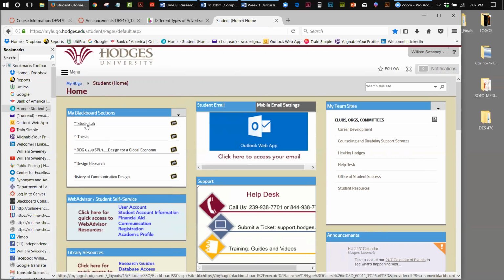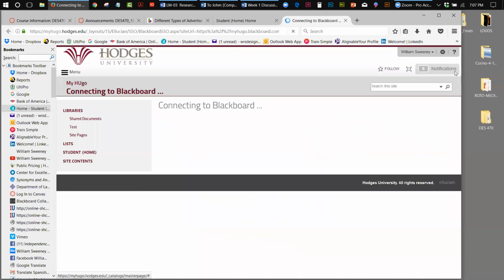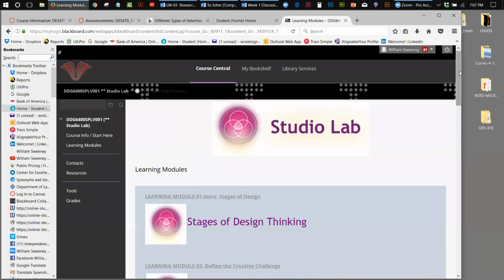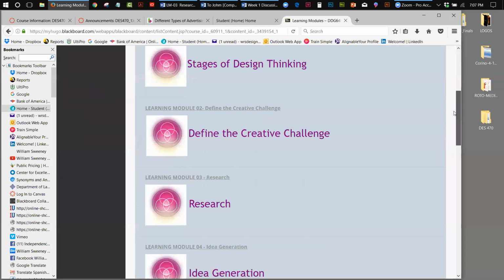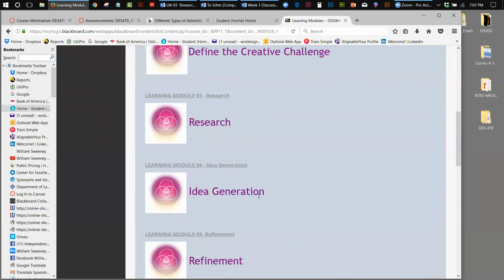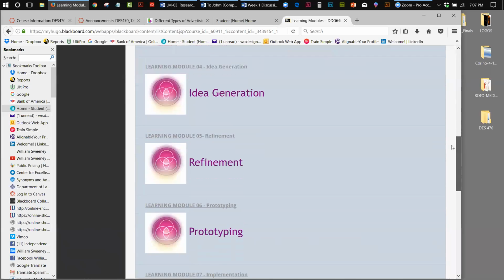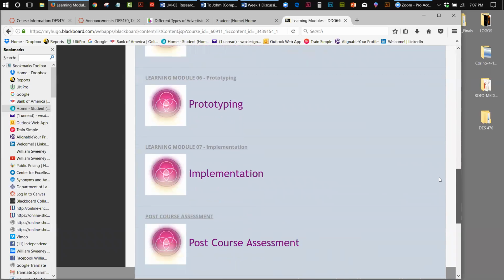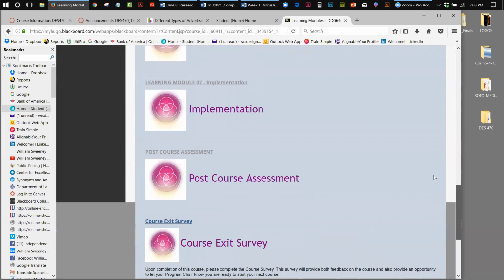The Studio Lab is made up of, just to give you an idea, stages of design thinking: defining the creative challenge, research, idea generation, refinement, prototyping, implementation, post-course assessment.